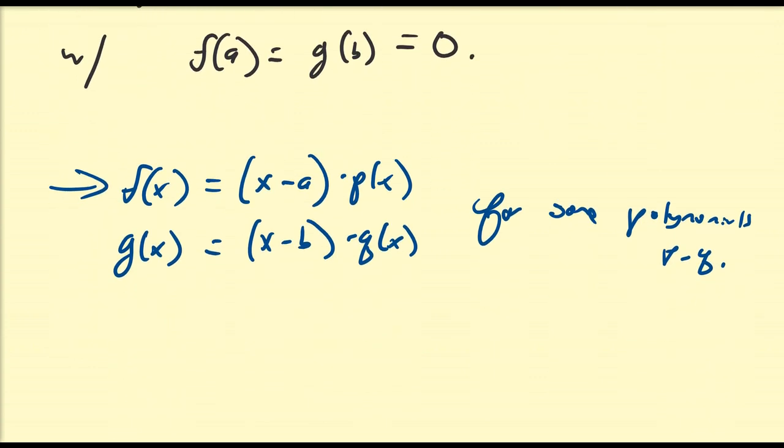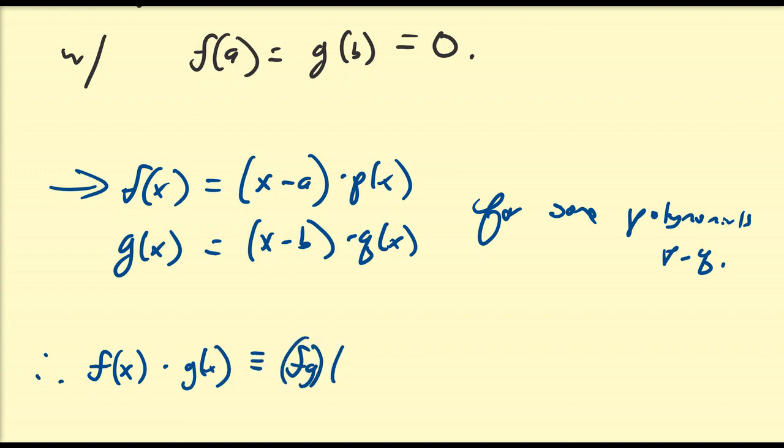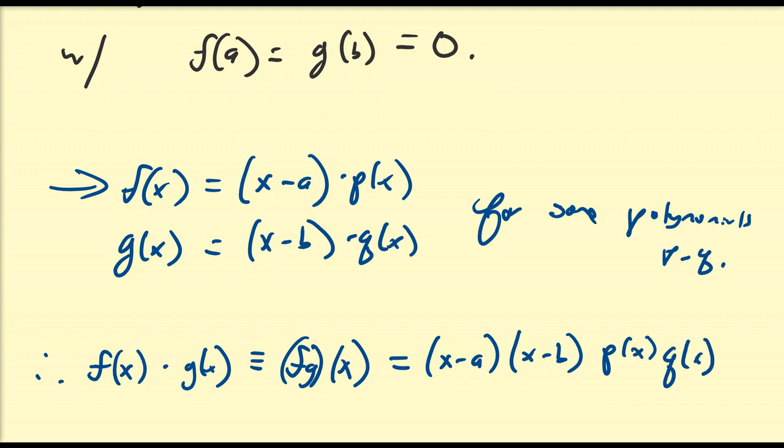An extension of this is the following. f of x times g of x, which is the same thing as writing fg of x, is going to be equal to x minus a times x minus b times p of x times q of x.